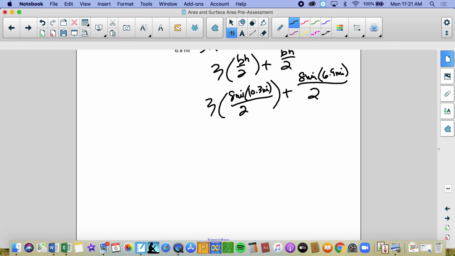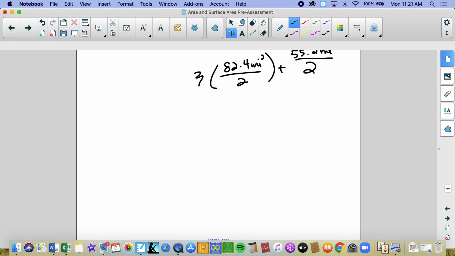So let's simplify. We have 3 times 8 miles times 10.3 miles gives me 82.4 miles squared divided by 2 plus 8 miles times 6.9 miles gives me 55.2 miles squared divided by 2.